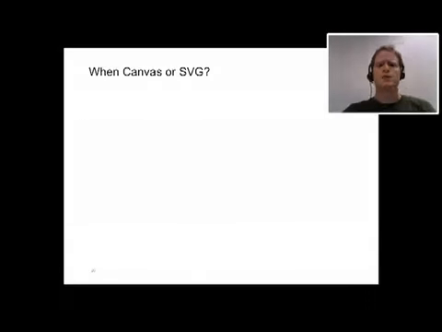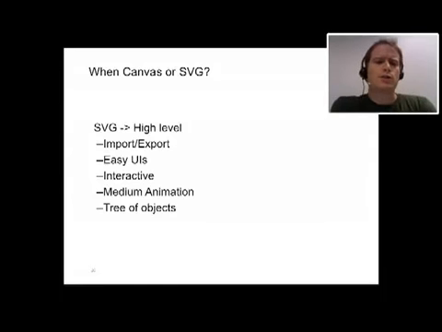So a really natural question is, when Canvas or SVG? When should you use one or the other? SVG is what's known as a retained mode API. In graphics, you have retained mode APIs and immediate mode APIs, and you need both for different situations. SVG is higher level. You want to use it when you need import and export of graphical assets.